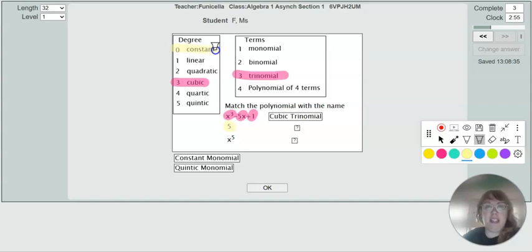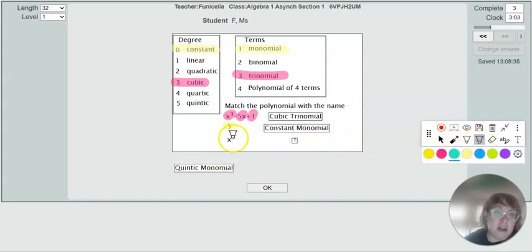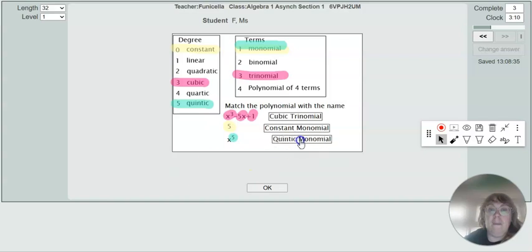This is a constant. And there's only one term, so it's also a monomial. And for the last one, our exponent is a 5, so it's quintic. And it is also only one term, so it's also monomial. So we have cubic trinomial, constant monomial, and then quintic monomial. And you can hit OK when you're ready.